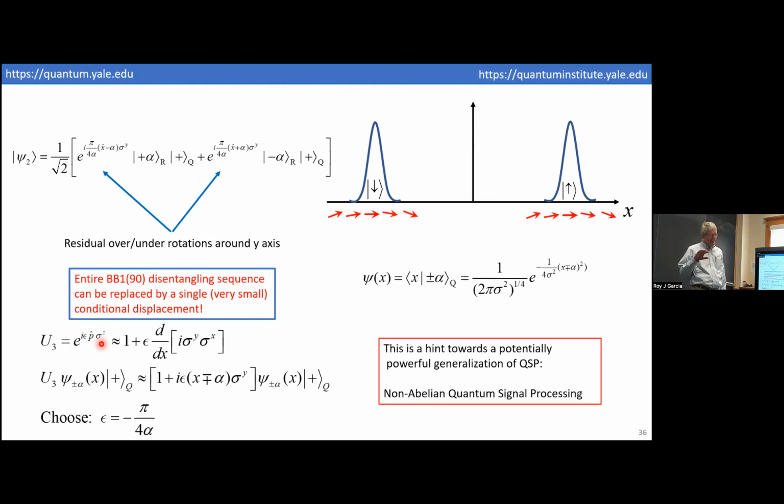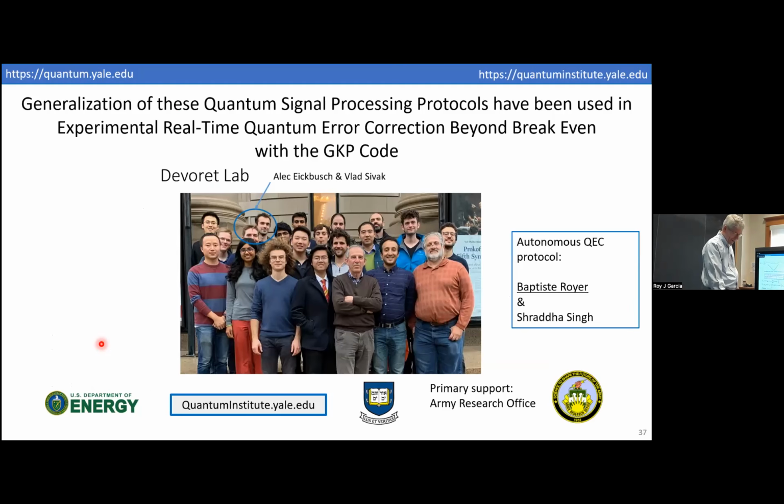So this is a hint that there's a potentially powerful generalization of quantum signal processing. And I wish I had a complete theory of this sort of non-abelian version of quantum signal processing. But this last idea, which works for cat states, also works for the GKP code words, because they are sums of equally spaced Gaussians.